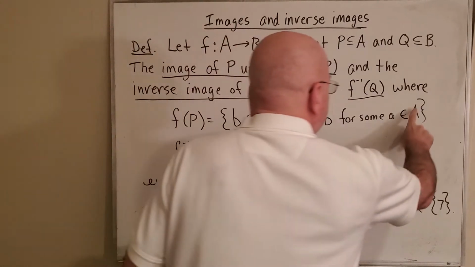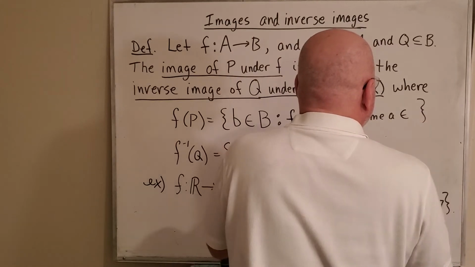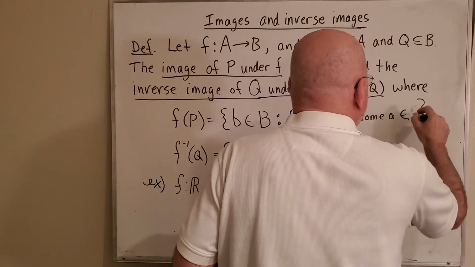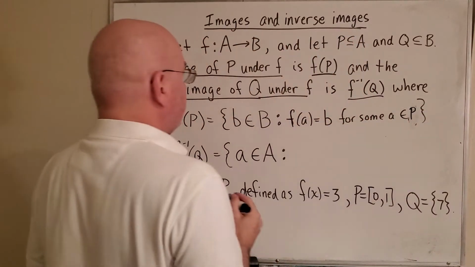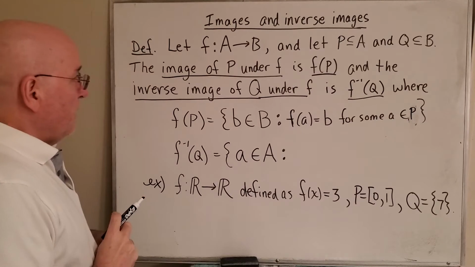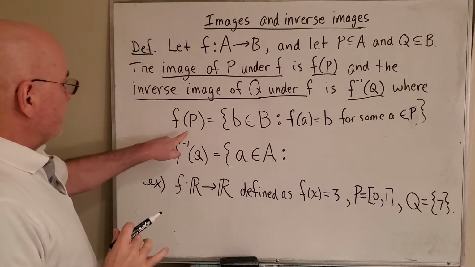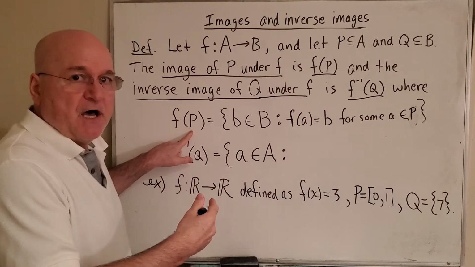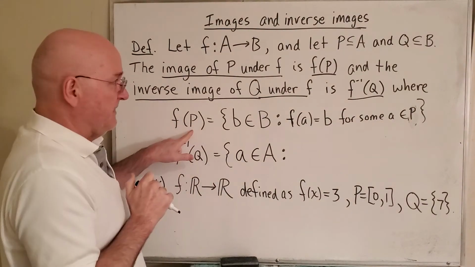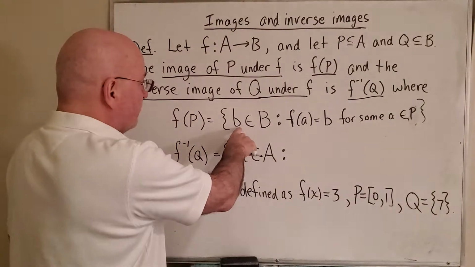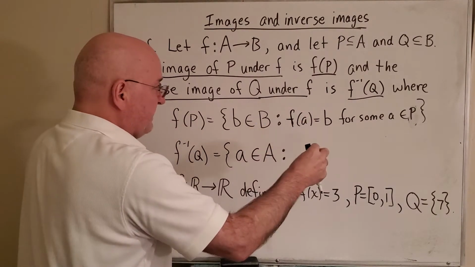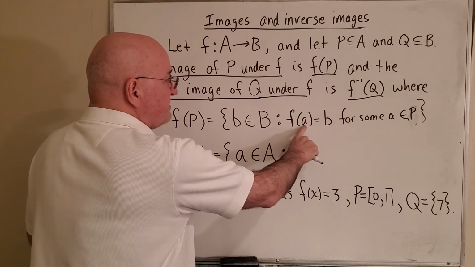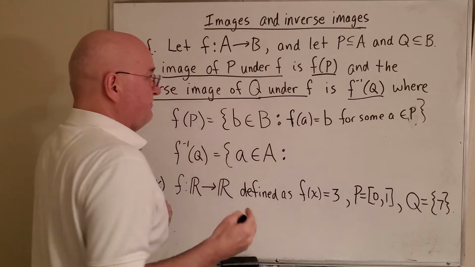Oops, this should be in P, not A, because we're talking about the image of P under F. Okay, so hopefully that's clear. The image of P, f of P, is f of all of the points in P. So one more time, it's all of the numbers in B such that f of a is equal to b for all of those values of a that are in P.